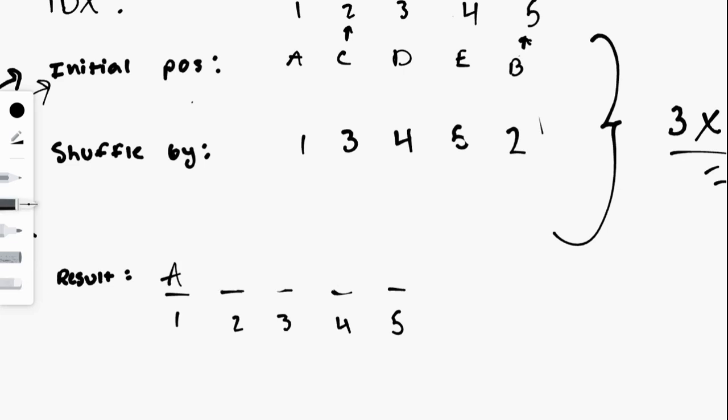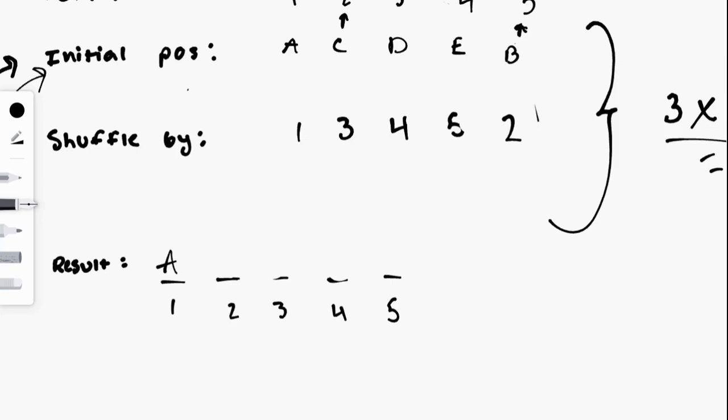Quickly doing it, we could see that B is the 4th, E 3rd, D 2nd, and then C comes all the way last. Now we need to do this one more time.